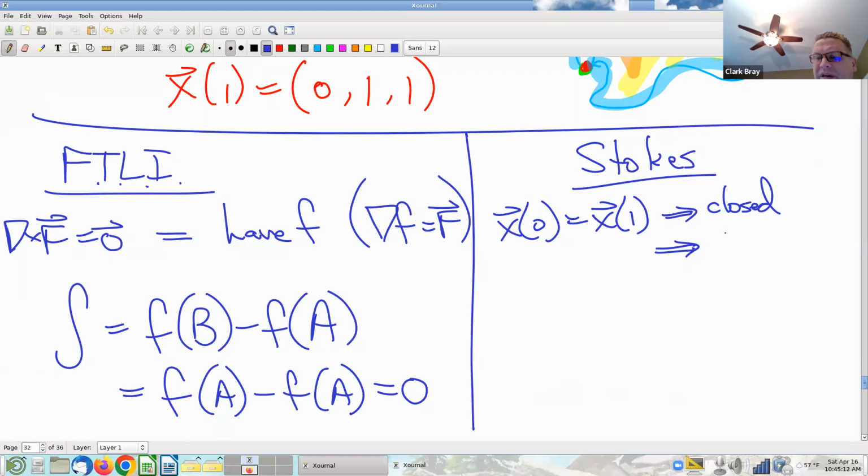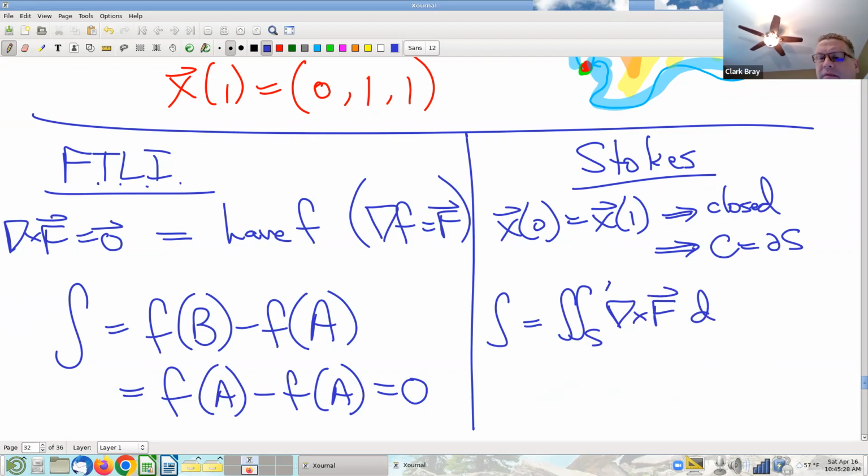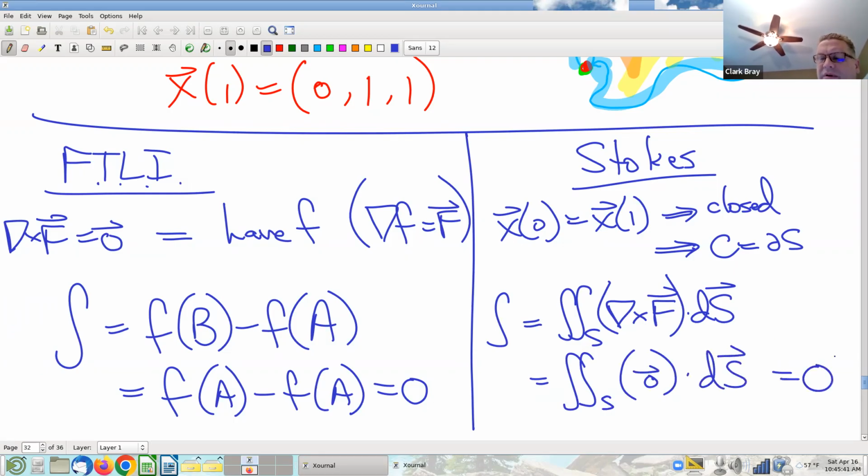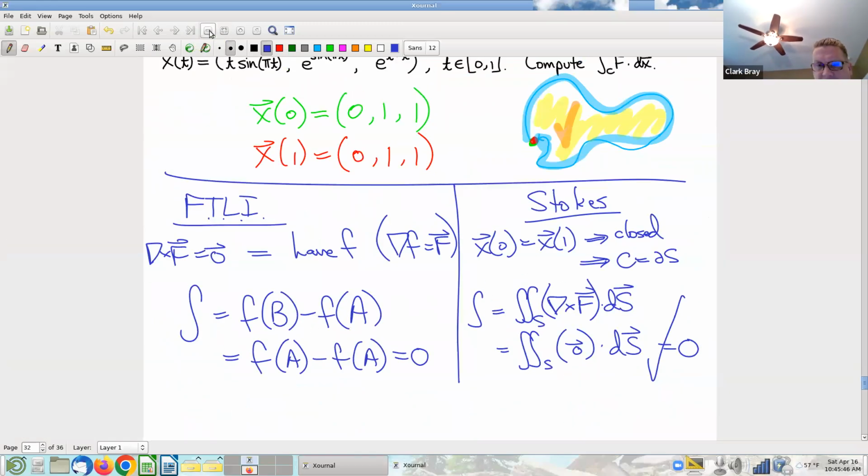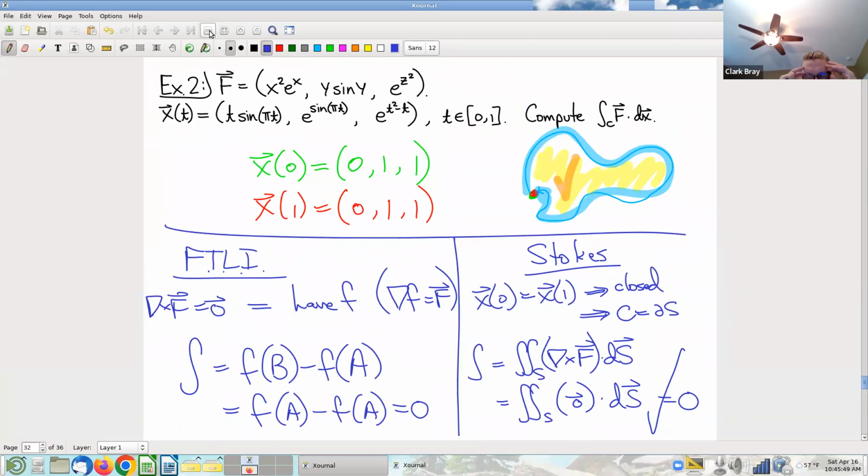Well, anyway, I'm going to name it C, is the boundary of some surface S. Then my line integral is the flux through S of the curl dot dS, which is the flux of the 0 vector dot dS, which is 0. Full credit, no problem. So take your pick, either approach that you like.